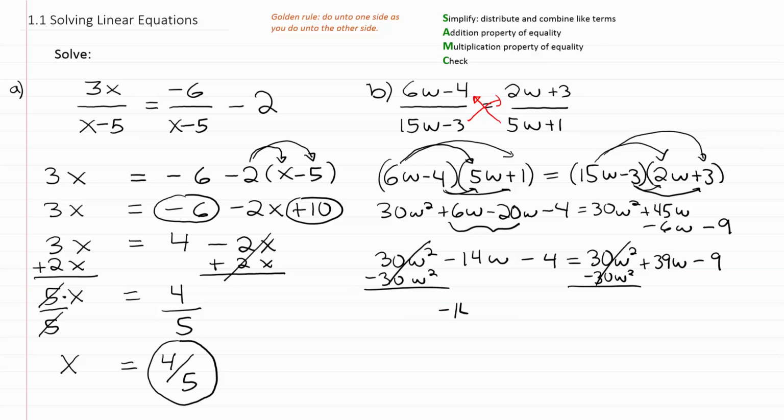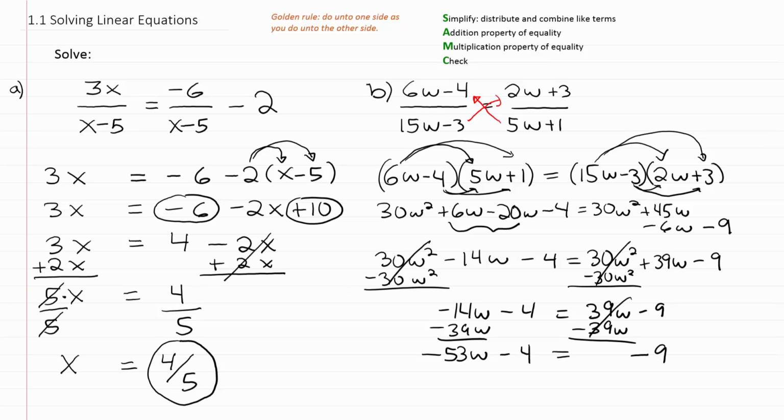I'll have negative 14w minus 4 is equal to 39w minus 9. So I could, for example, subtract 39w from both sides of the equation next. So these two will cancel out, and then I'll have 39 and 14 added together because they're both negative. So that ends up giving you negative 53w minus 4 is equal to negative 9.